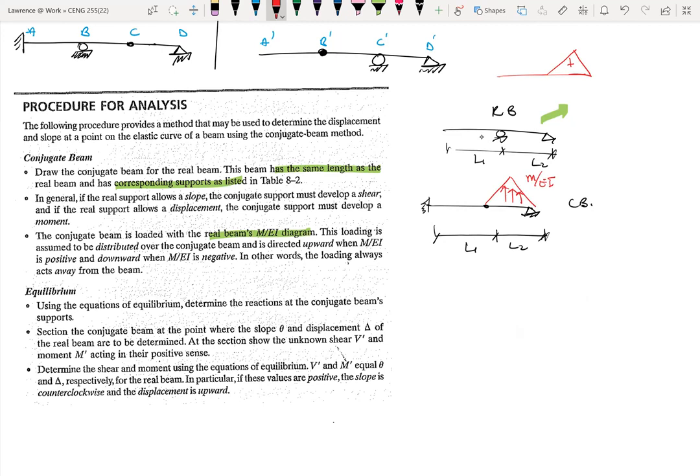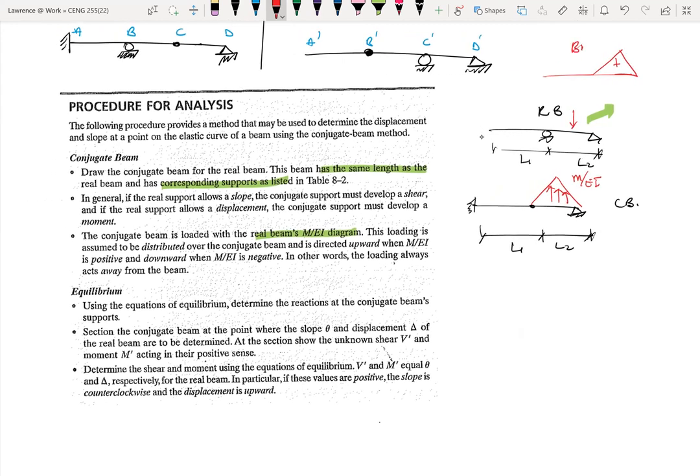So if maybe the load of the original beam was like this, and this gave us the bending moment diagram, then we take this bending moment diagram, divide it by the corresponding EI, and place the diagram as we've drawn it onto the conjugate beam, and that becomes the new load. So we load the conjugate beam with the M over EI diagram.